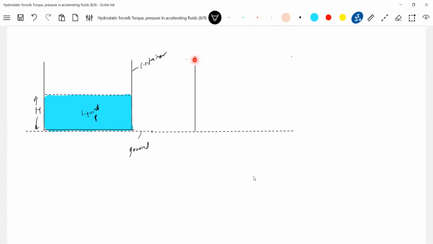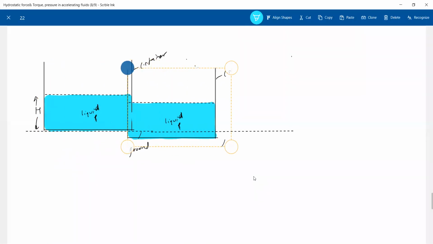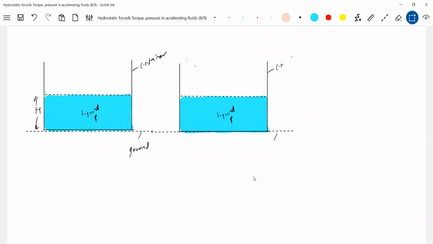The same container, again the same situation, just we are going to accelerate it. What changes do we have to make here? Okay, I'm proposing like that.